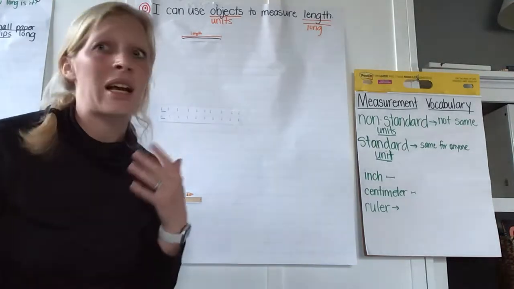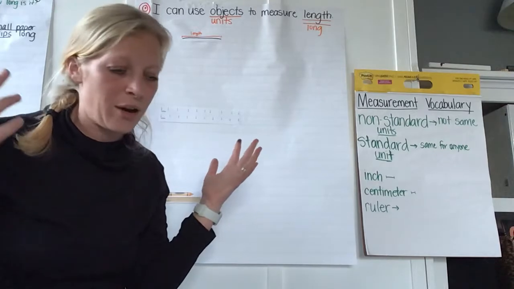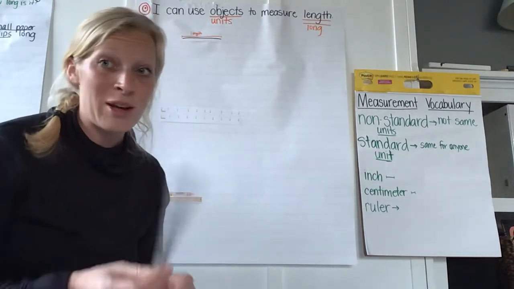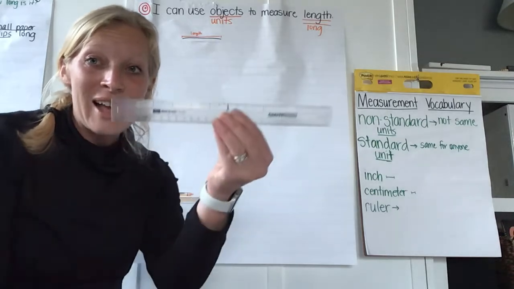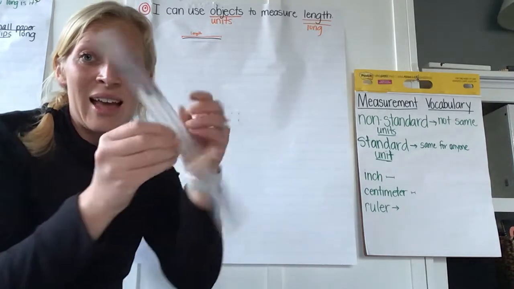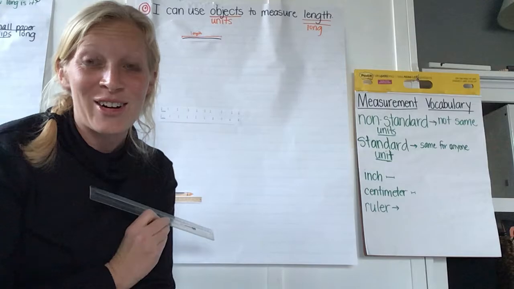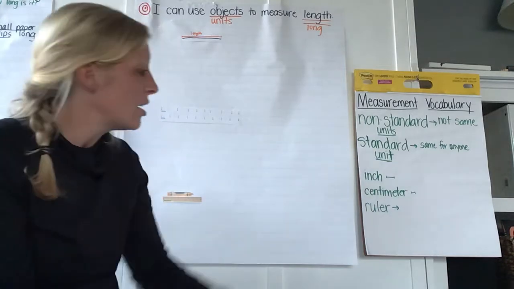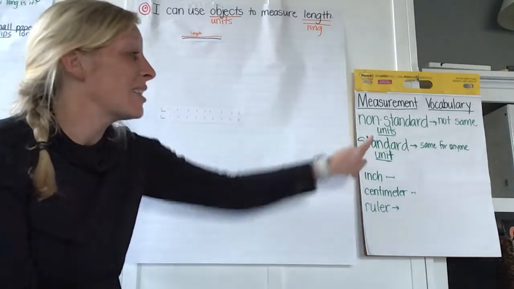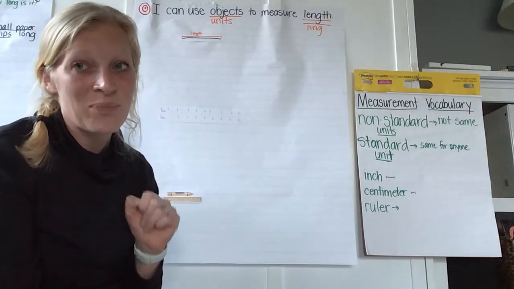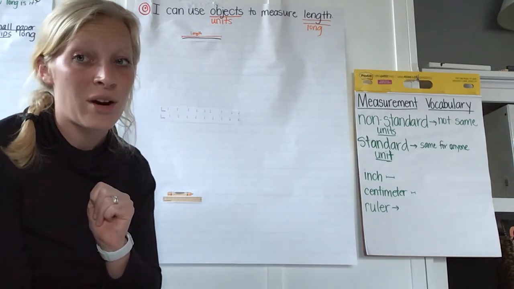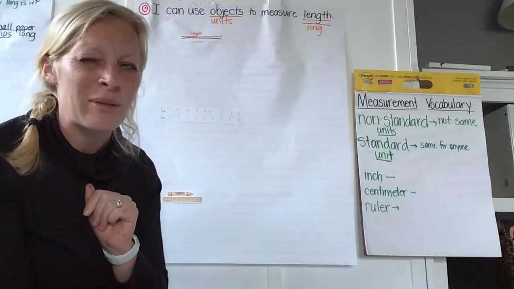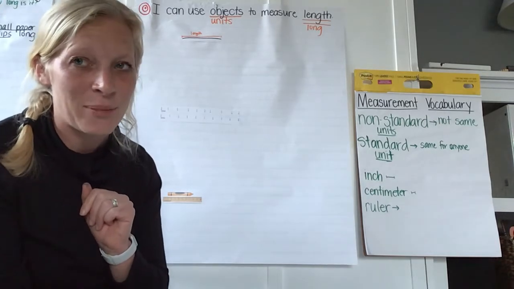We have tools like a clock. Tools everywhere. Well, our tool for measurement is this amazing ruler. And this ruler has our inches on one side and our centimeters on the other. So we can use this one tool to measure with either of those standard units. Yesterday, we learned about the unit of the inch a little bit more. Today, we're going to learn a bit more about the centimeter.